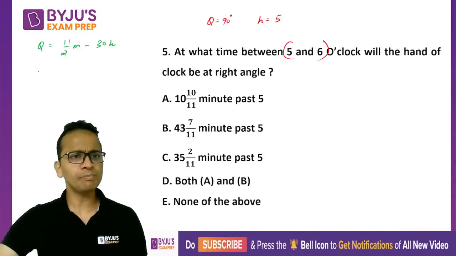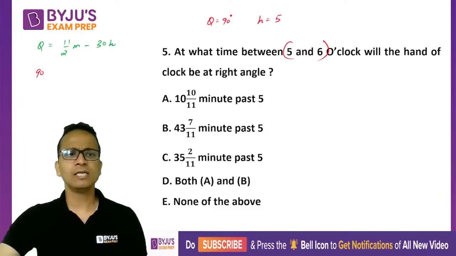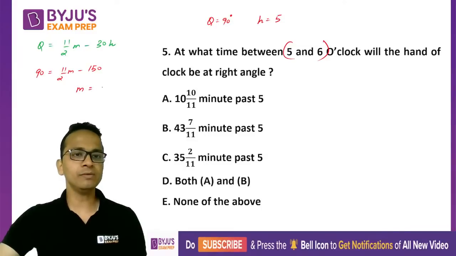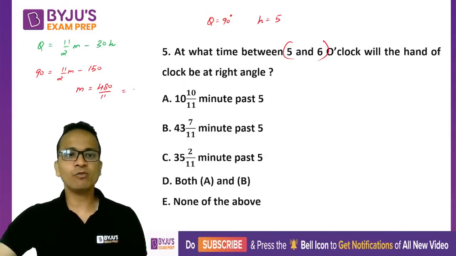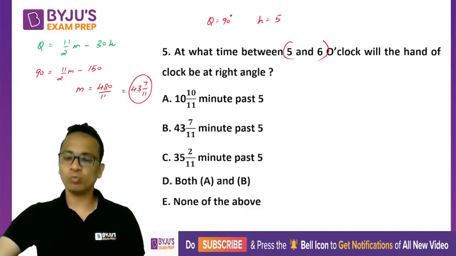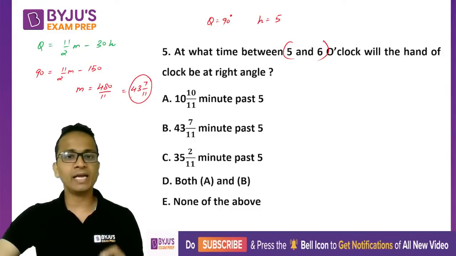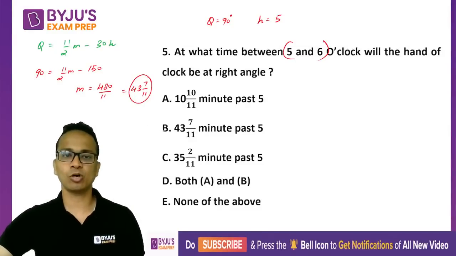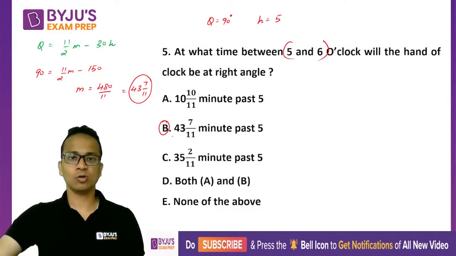Okay, so I'm putting the values in the formula. 90 is equal to 11 by 2 m minus 30 into h. 30 into 5, that is 150. So the value of m will come out to be 480 divided by 11 and that will be 43 7 by 11. So the first answer will be 43 7 by 11 minutes past 5 o'clock, which is option B.